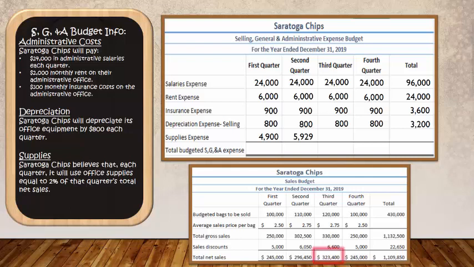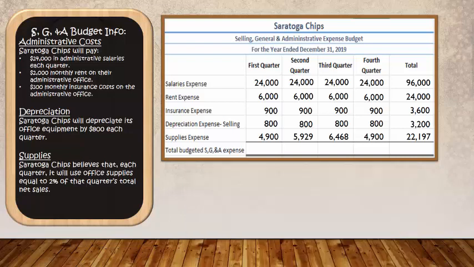We're going to take our total net sales, multiply it by 2%, and determine each quarter's respective supplies expenses. So $6,468 for the third quarter and $4,900 for the fourth quarter. This is going to give us a total supplies expense of $22,197.